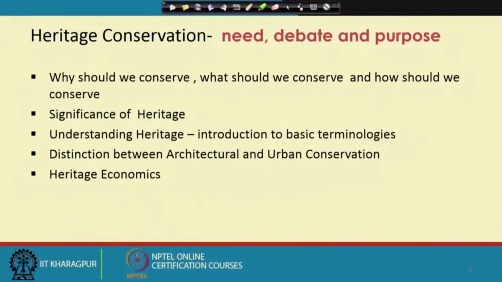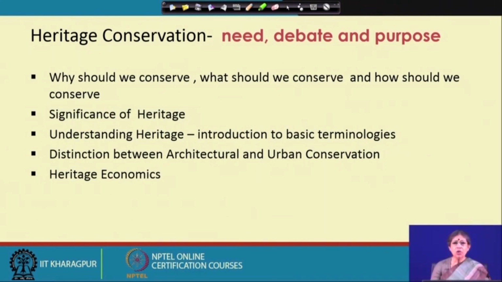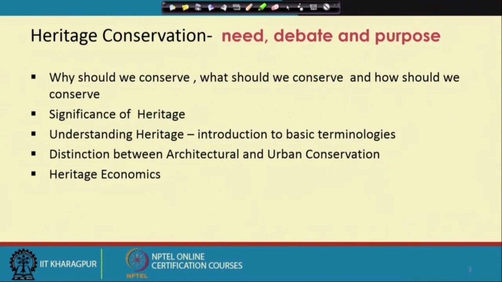Now let's talk about heritage conservation: the need, the debate and the purpose of heritage conservation. Why should we conserve? What should we conserve and how should we conserve? There is often a debate going on between the conservationists, who are basically the archaeologists, and also the planners.